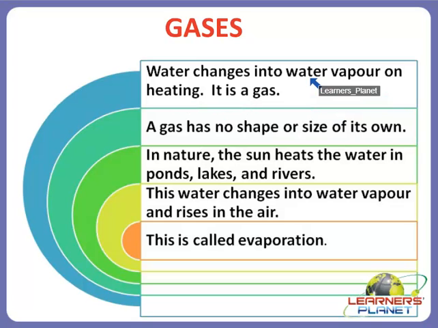So this water vapor is a gas. A gas has no shape or size of its own. Also children, in nature, the sun heats the water in ponds, lakes and rivers.